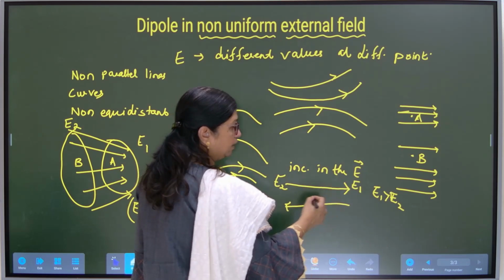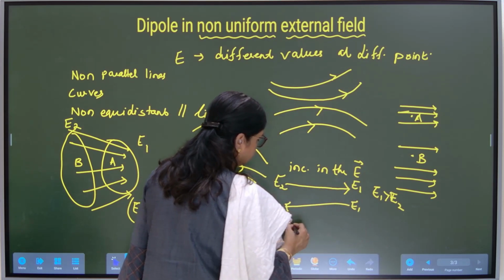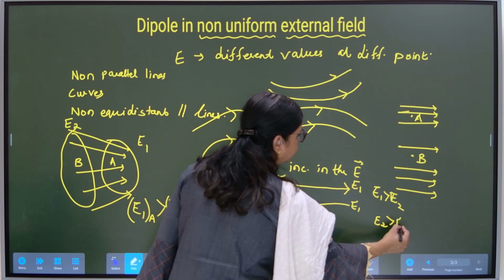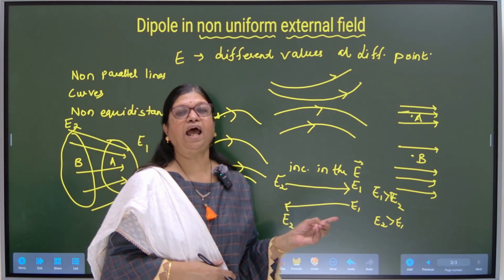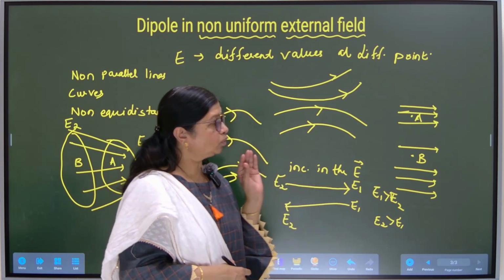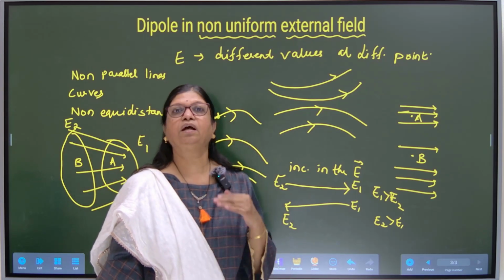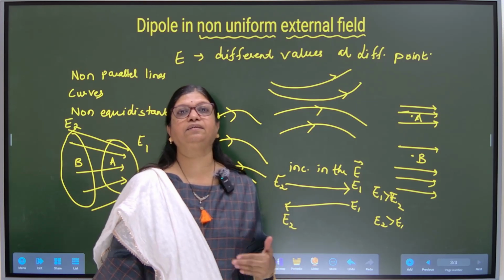And here, if I say this is the value E1 and here the value is E2, here I say E2 is greater than E1, because the increasing side is the arrow side. Right? Okay. So now we have understood how to represent the non-uniform external electric field.